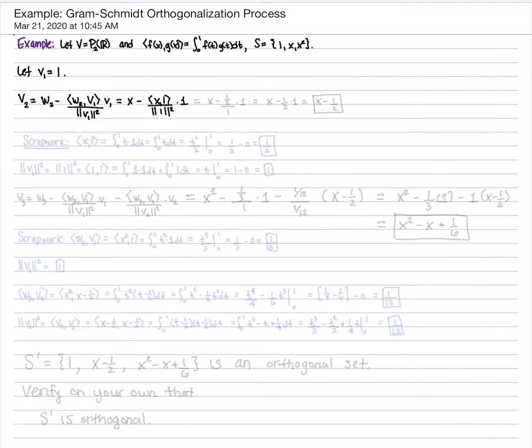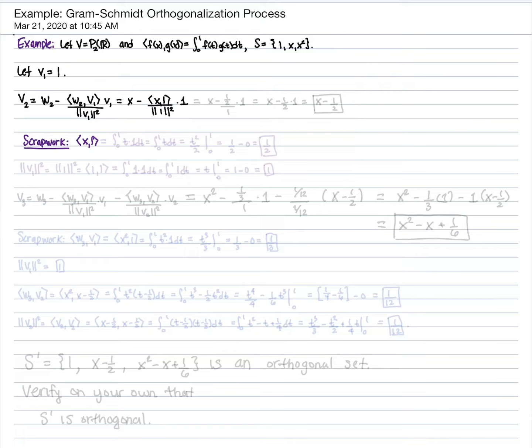And now this is where we can do some scrap work. So we'll go a couple lines down. Scrap work. So there's a couple computations we need to compute. First, what is the inner product of x with 1?